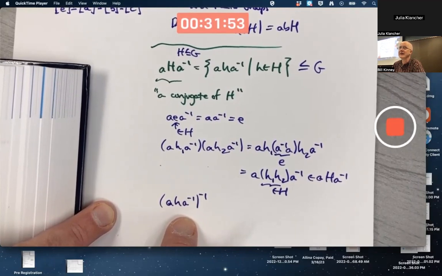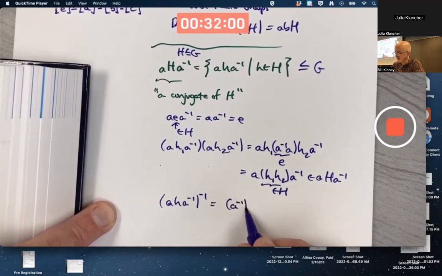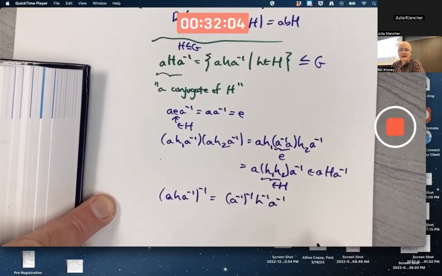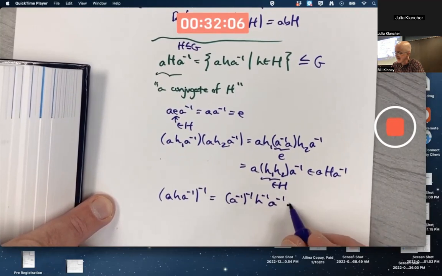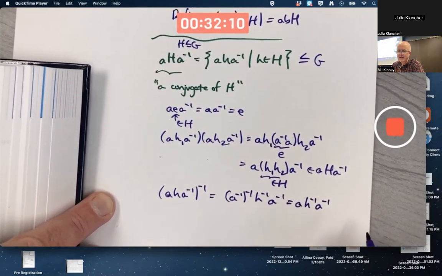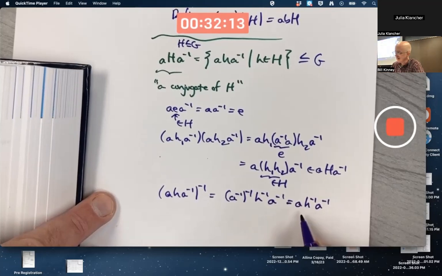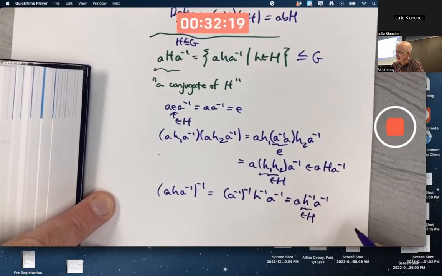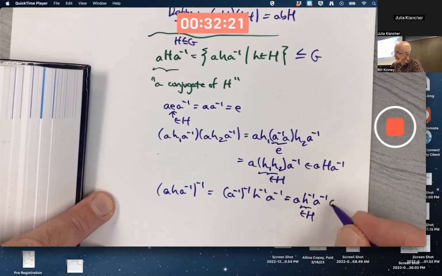And to take them off, you've got to take your boots off first, then your shoes, then your socks. You reverse the order of all these and invert them all. And since a inverse inverse is a, you do get something of the form a times something in capital H times a inverse. This thing is in capital H. And therefore, this whole thing is in this conjugate.